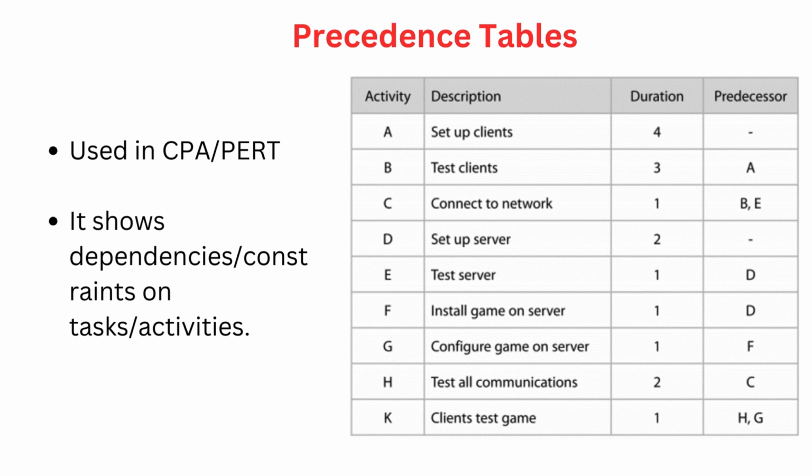It also means that if activities B or E, or both, do not complete on time, then activity C will get delayed, because it can't start until both predecessors have completed. In turn, as per the table, since activity C is a predecessor of activity H, activity H might get delayed, and so on.